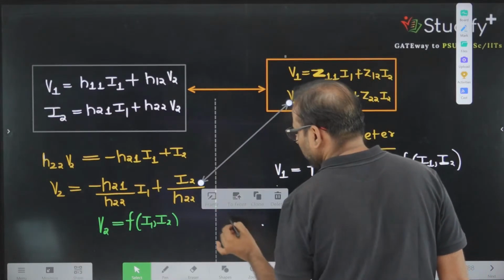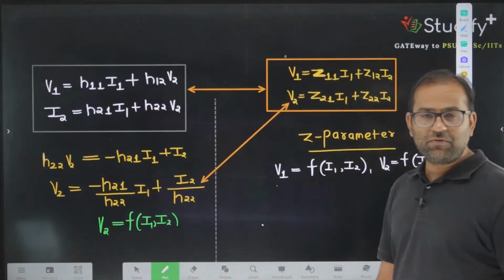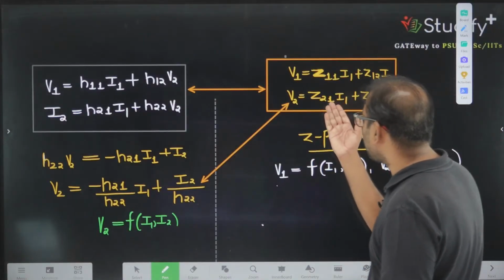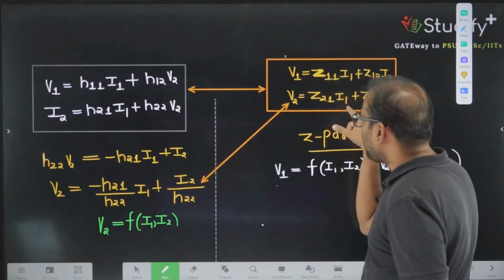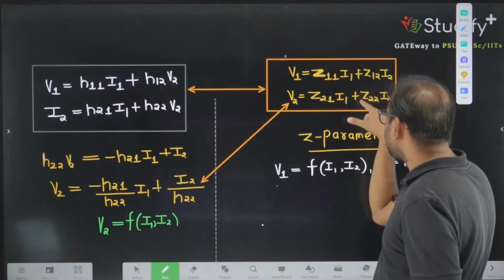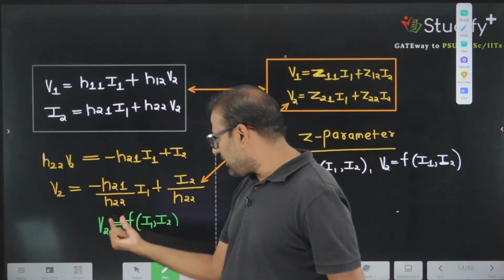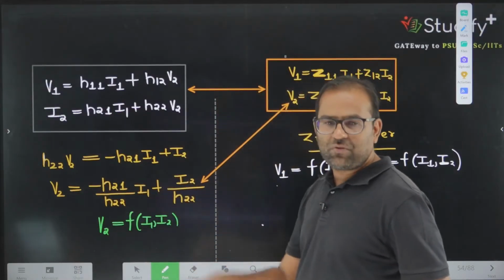Can I say these two equations must be the same? Then you can compare the coefficient of I1. V2 is some constant times I1 plus some constant times I2, and here also V2 is some constant times I1 plus some constant times I2.